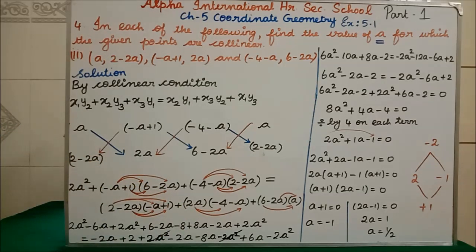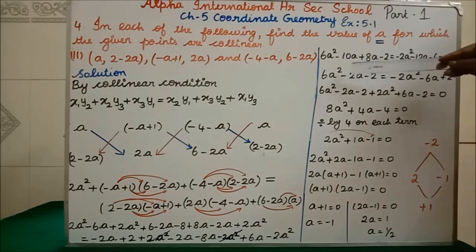So which means what? Minus 12 plus 6 is what? Minus 6a. See, I have written here minus 6a. Remaining left is 6 plus 2. Clear? In the next step, you have to write 6a square. Minus 10a plus 8a is minus 2a. Clear?